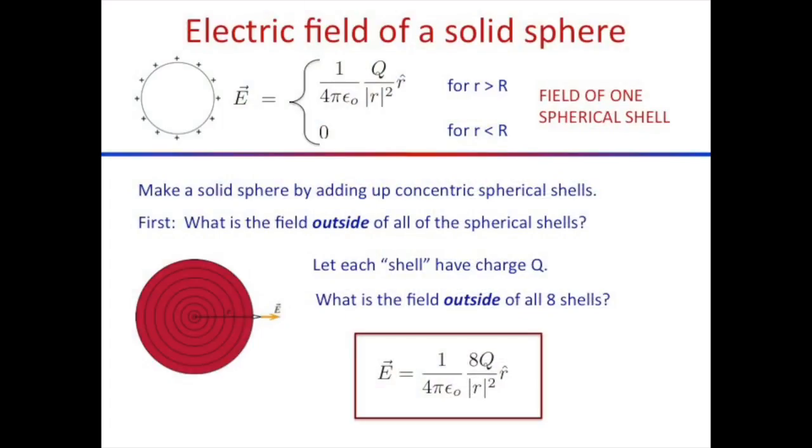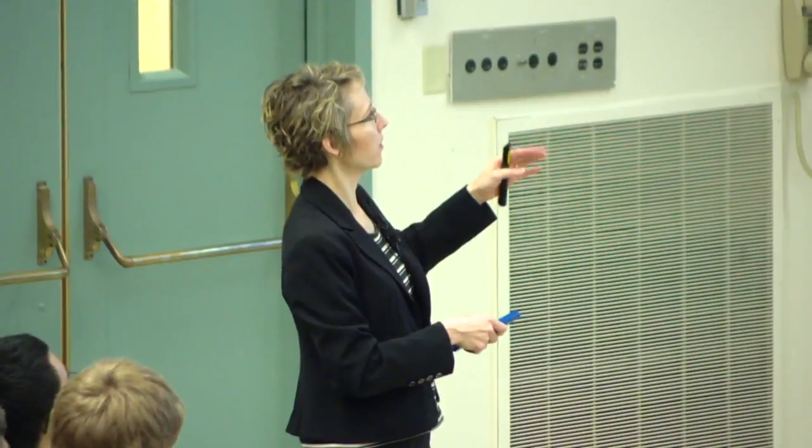So I'll distribute the charge all throughout the interior, still think of an insulating sphere, and I want to know what's the electric field outside and what's the electric field at various places inside that sphere. So if I think about what happens if I add up 8 concentric spheres, I'll just get a contribution from all 8 of them if I'm at an observation point outside.